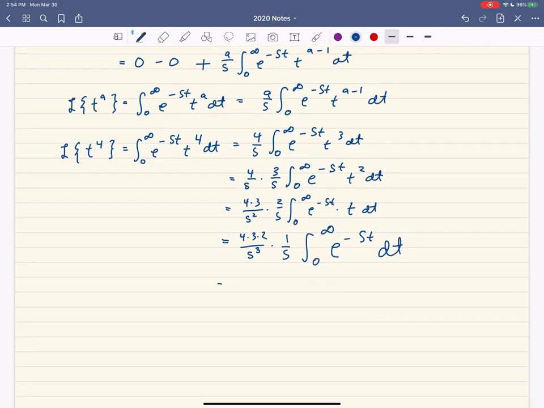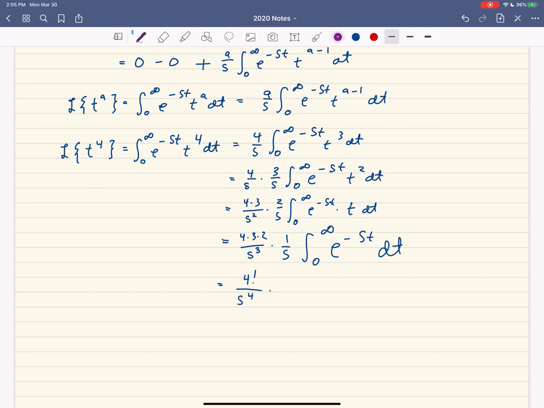And that's going to end up being e to the negative st. If we integrate that, that's the Laplace transform of 1. So that's going to be another 1 over s. So this is going to end up being 4 factorial over s to the 4th out here.